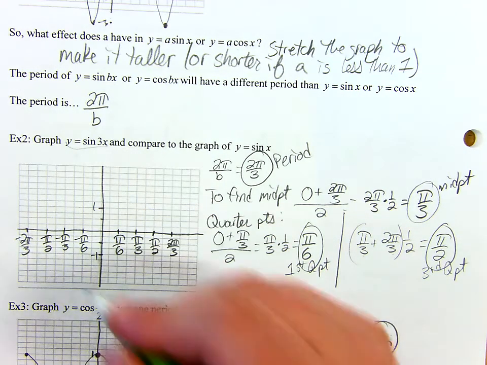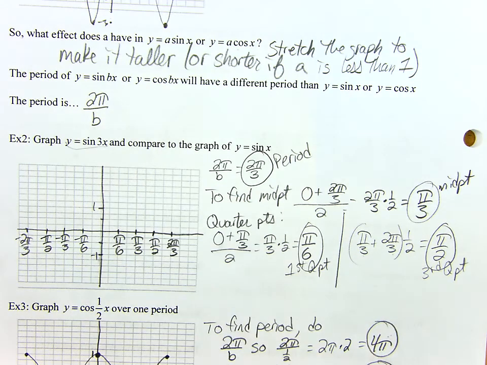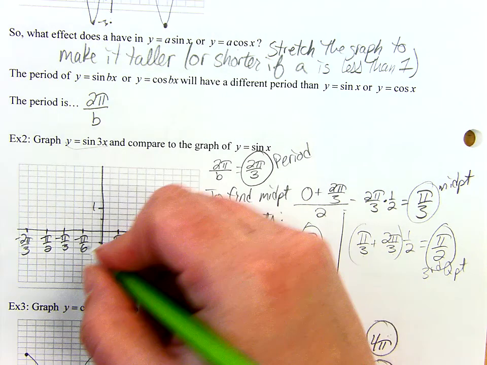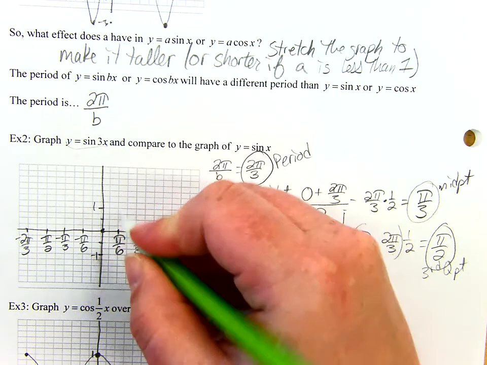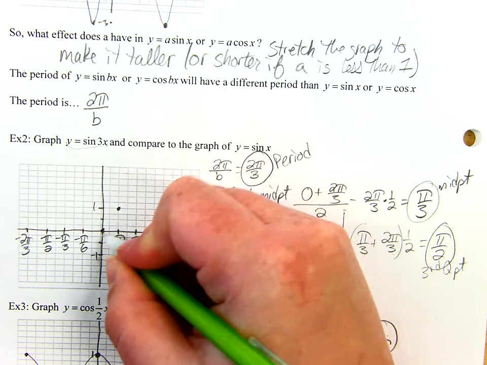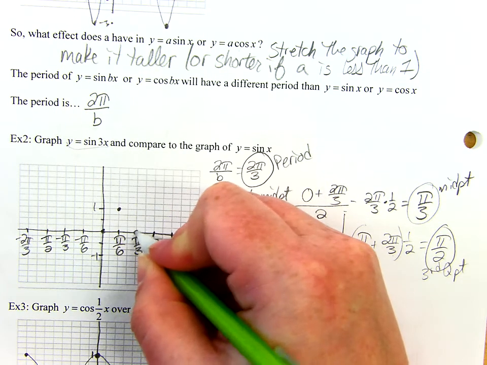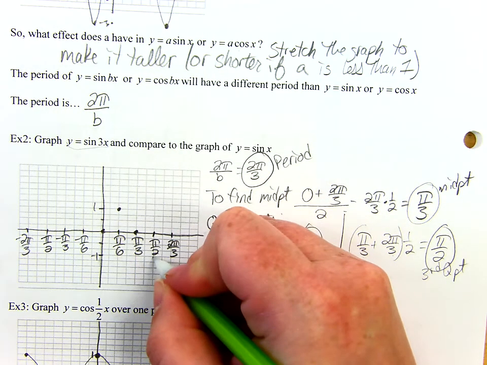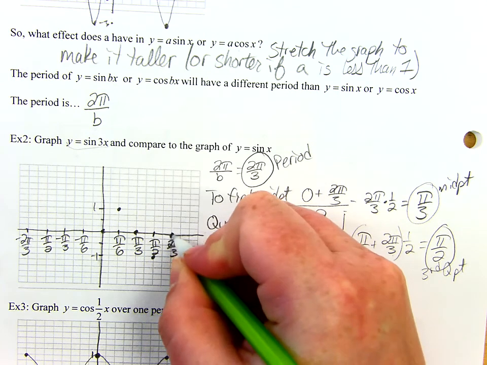Okay, and then I'm doing a sine curve, so I'm going to start where? Where does sine start? 0, yep. And then just like the other one, I'm going to go up to my midpoint, I hit the x-axis again, come down, and hit it back again.